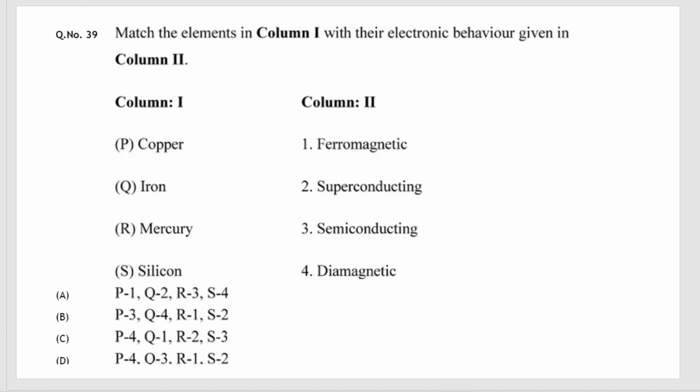Okay, next question is a match type question. Match the elements in column 1 with their electronic behavior given in column 2. So first one is copper, then iron, then mercury, then silicon. Ferromagnetic, superconducting, semiconducting, diamagnetic. Ferromagnetic means magnetic material, so ferromagnetic is nothing but iron.